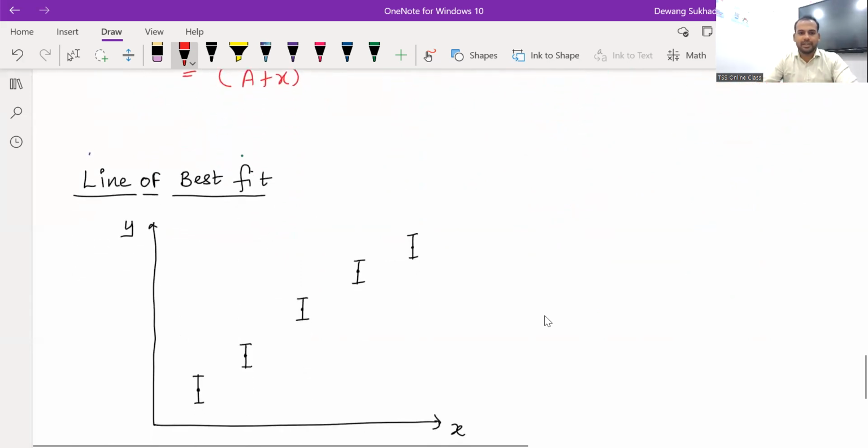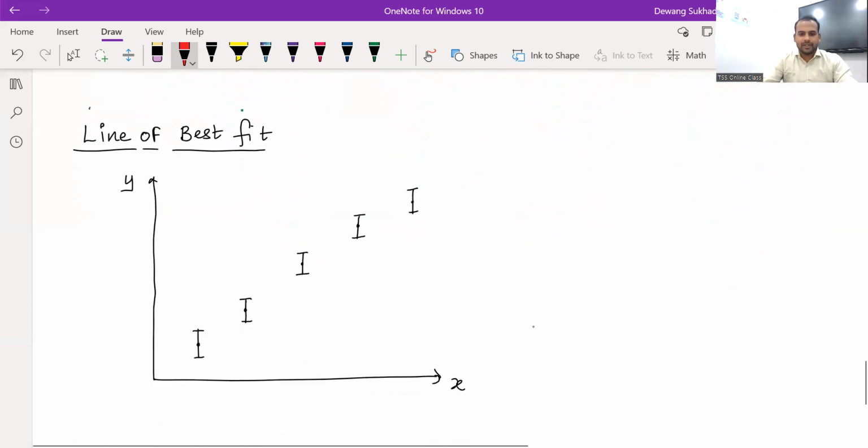Another part of this particular topic is writing the line of best fit. Usually in a graph, if there are points with an uncertainty given, what we plot is error bars along with the points. So these are the points. Let's say I have a y variable, and y is given as some point with an uncertainty in that y value.